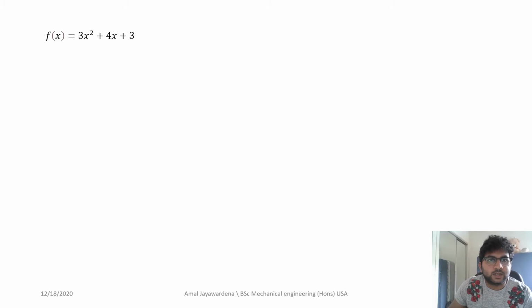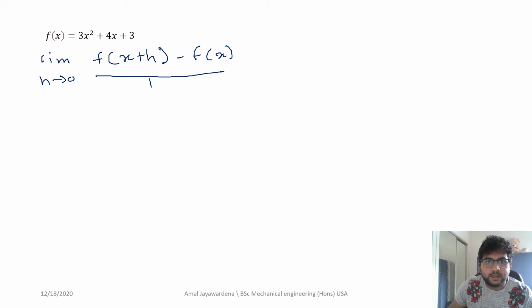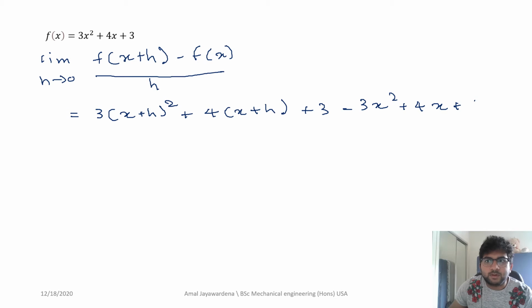So let's write down the equation. Limit as h goes to 0. I'm first going to write down the equation that we need, divided by h, right? And now it's going to be 3(x plus h) squared plus 4(x plus h) plus 3 minus (3x squared plus 4x plus 3), whole thing divided by h.